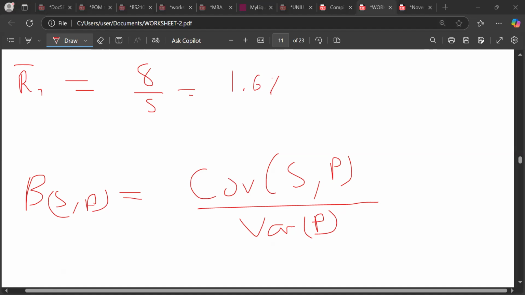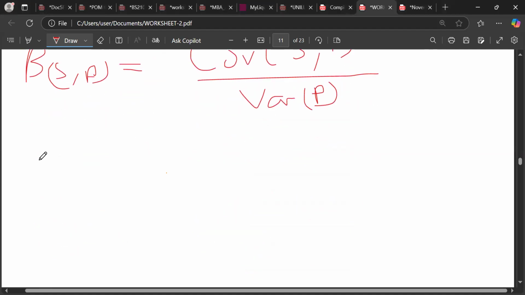All right, okay. So at this point, we start finding our covariance. We need to find the covariance between Sophie and the market proxy.